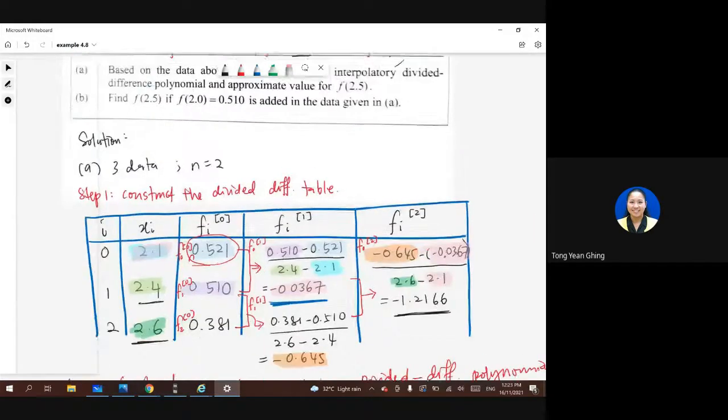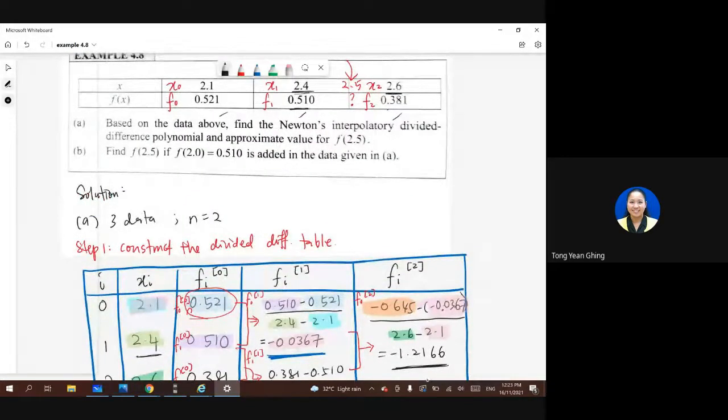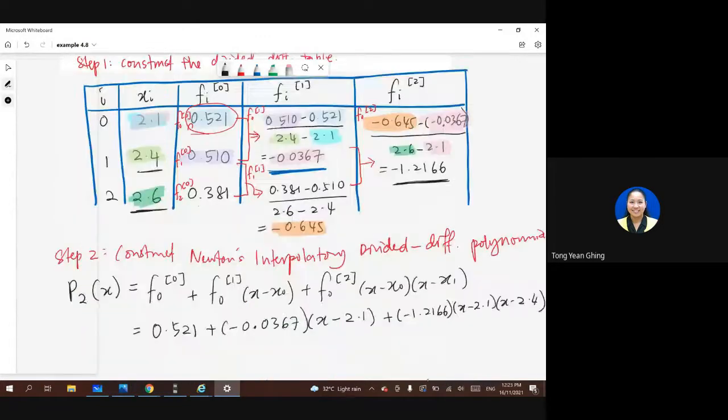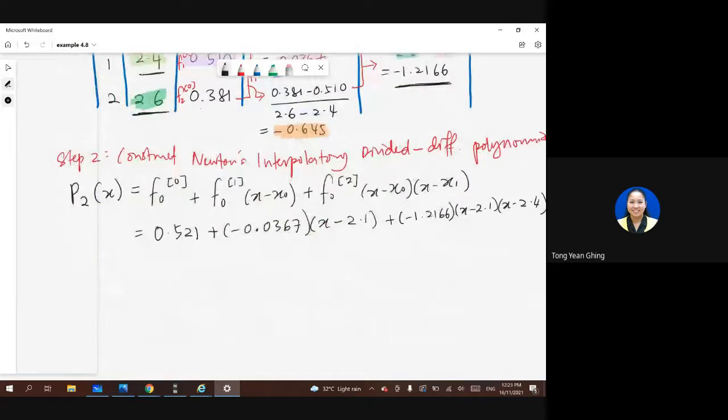So kita ganti masukkan. Just now the question is asking you when x is 2.5, right? So ganti masuk x tu dengan 2.5. That means P2 2.5 equal to 0.521 minus 0.0367 times 2.5 minus 2.1 minus 1.2166 times 2.5 minus 2.1 times 2.5 minus 2.4.